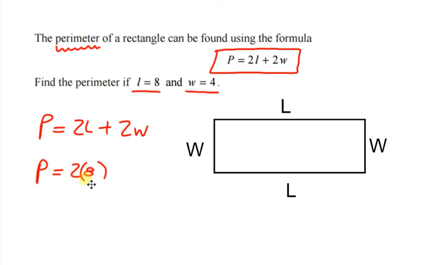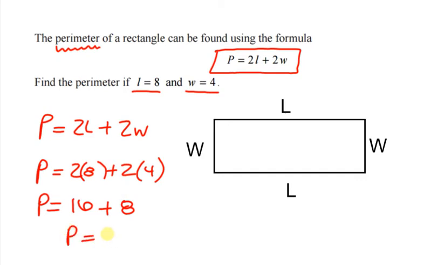But if you didn't have those parentheses, it would really be 28. So it's very important to have those parentheses. Plus 2, and instead of W, we're going to put (4). So P equals, what's 2 times 8? 16. Plus 2 times 4 is 8. So perimeter equals 24.